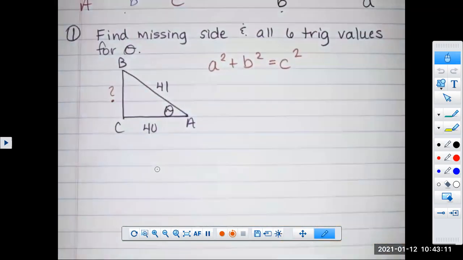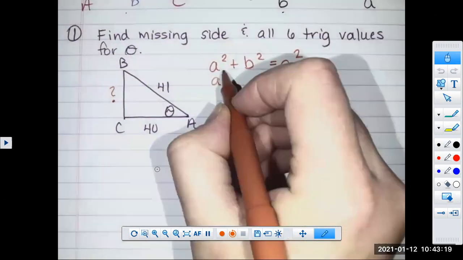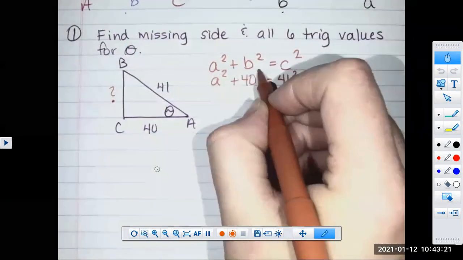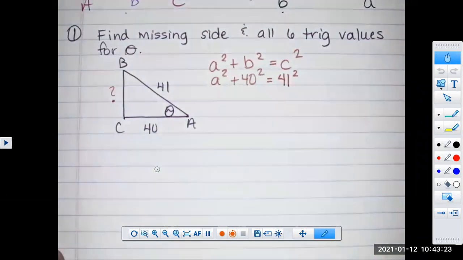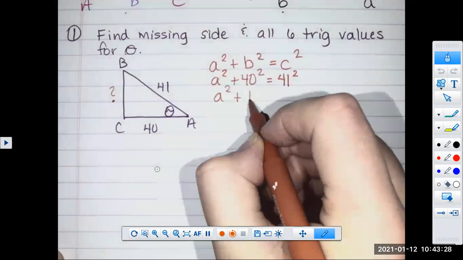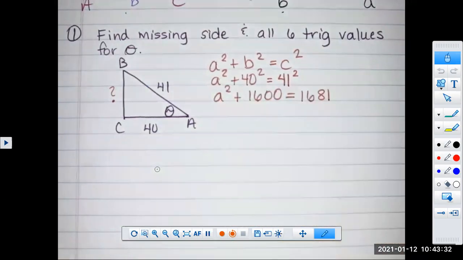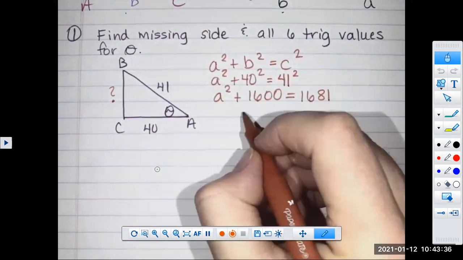What always gets plugged in for C? Hypotenuse. So square 40, square 41, and then subtract.